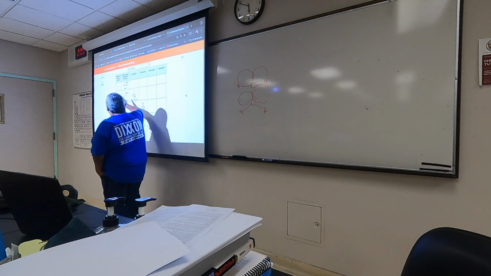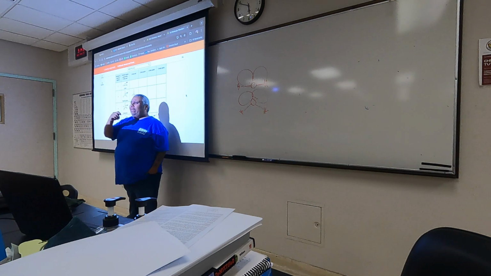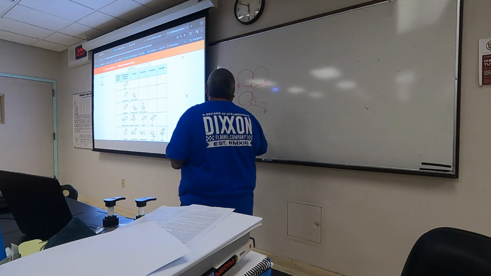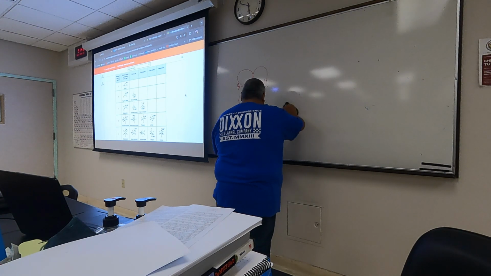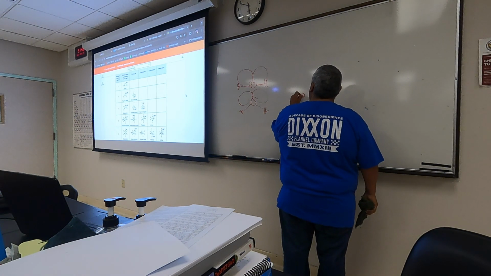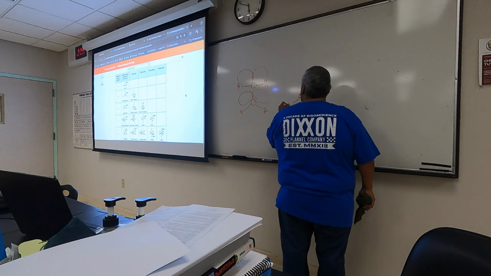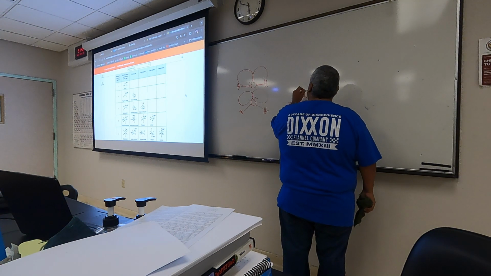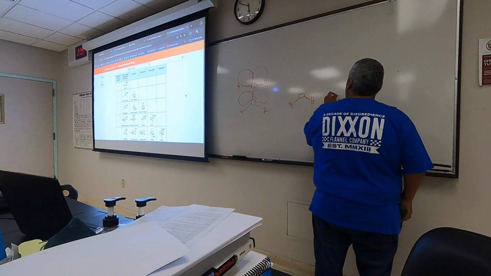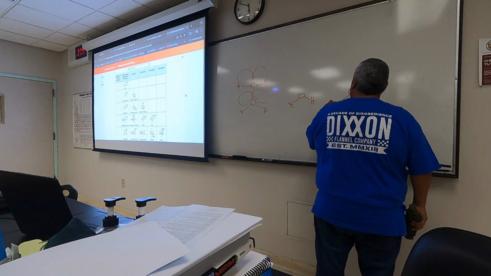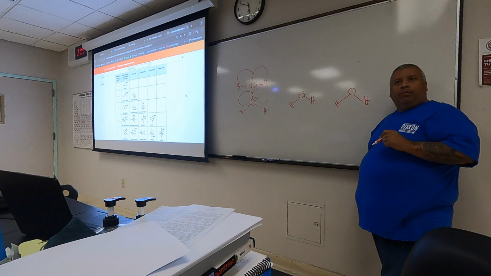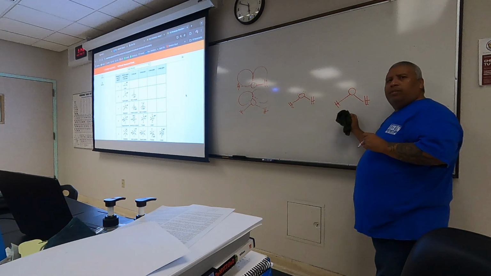All right. There's what we call electron geometries, and then what we call molecular geometries. Here, this is the electron geometry. This would represent the molecular geometry. What's the difference between this structure and this structure?